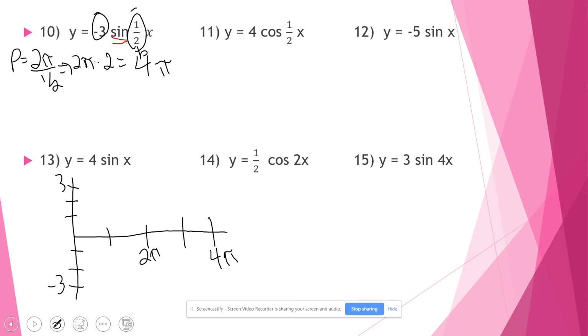Sine starts at 0 at the origin, and then it goes 0, A. Well, our first A is negative 3. 0, A, 0, negative A, 0. Curvy line, and there's one period of our graph.